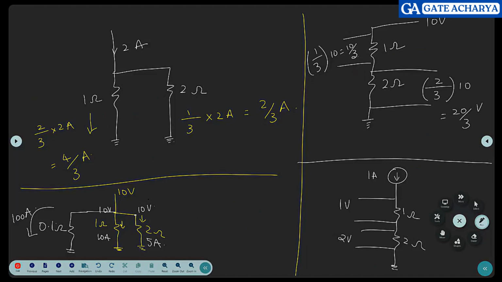Current into resistance. Something very basic, sir. Nothing great. I just wanted to talk about voltage source and current source for two parallel resistances or series resistances. Make a good note of it. It will save a lot of time as we go along.